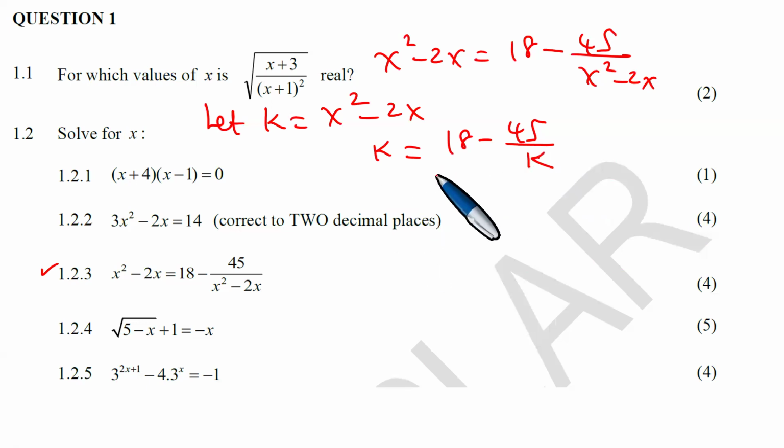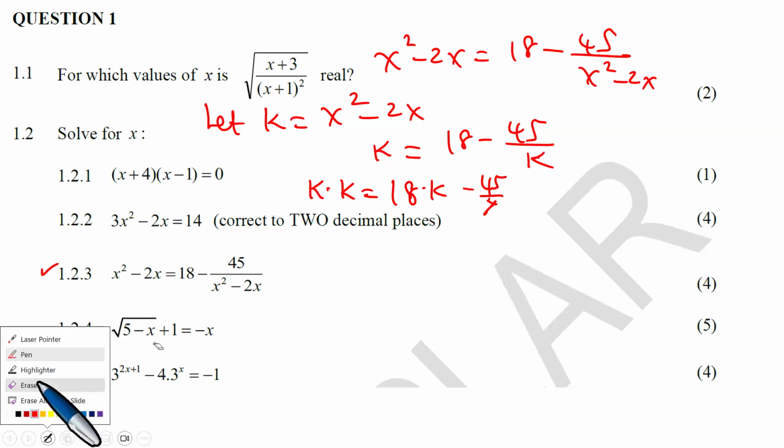So at this point, you have this. And when you get to this, what then do you do? You consider the LCD, you consider all the denominators, and we only have the denominator k here, which means we shall have k by k equals 18 by k minus 45 over k.